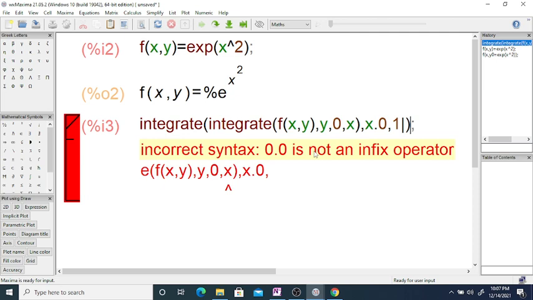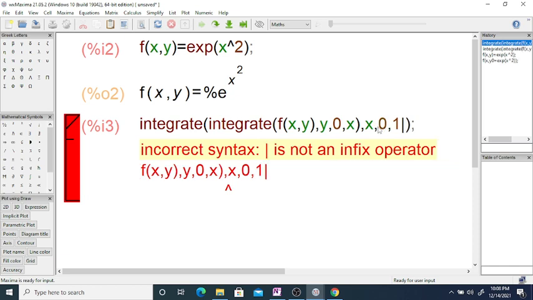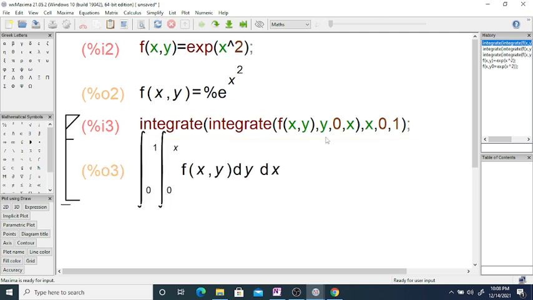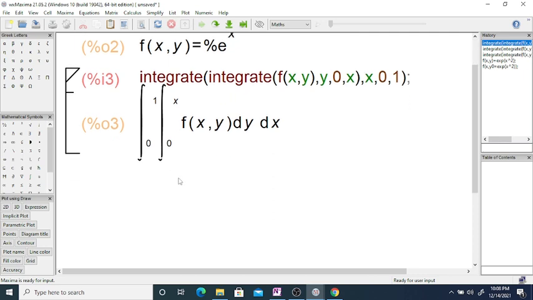So integrate f of x y, y from 0 to x and x from 0 to 1.